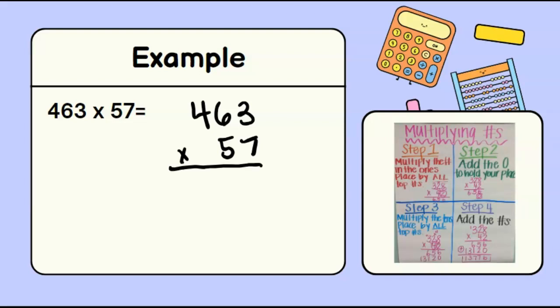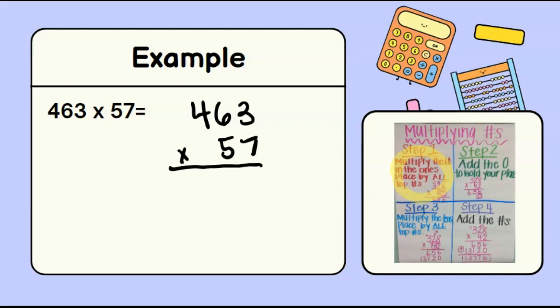The first step, remember, is to multiply the ones place by all the top numbers. So I'm going to multiply the 7 by the 3, 7 by the 6, and then 7 by the 4. That will get me the first row that I will need to add.